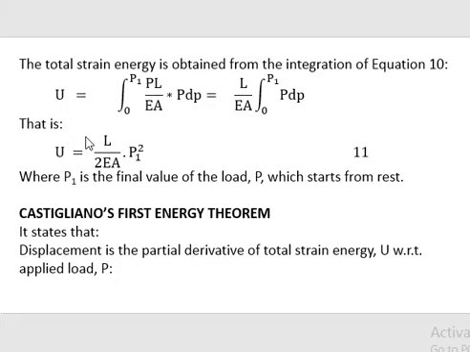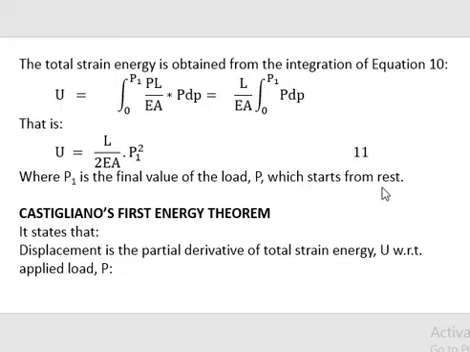Integrating equation 10 in the domain of initial loads and final loads and doing some rearrangements, you will get the equation for total strength energy as presented on equation 11, where P1 is the final value of the load.